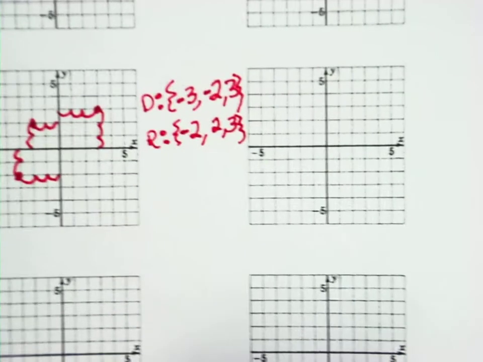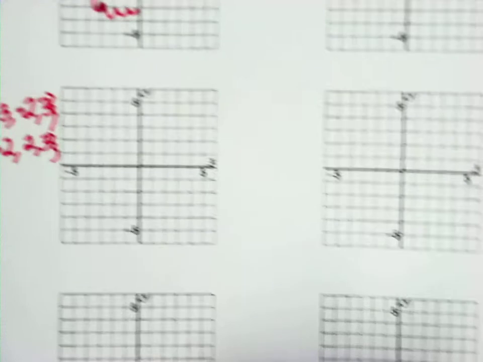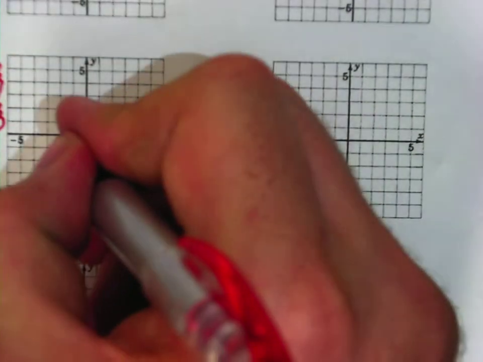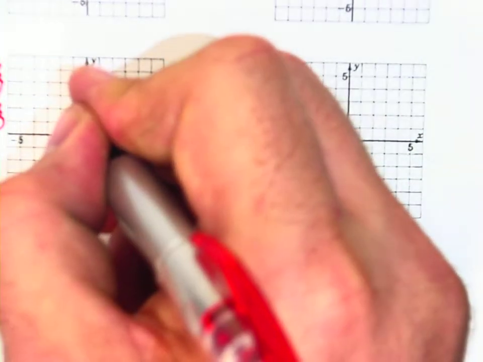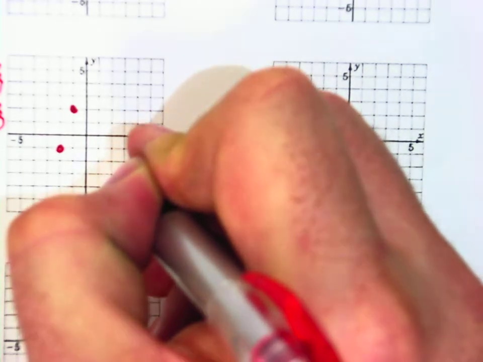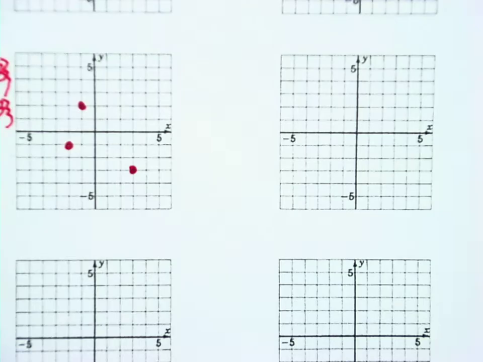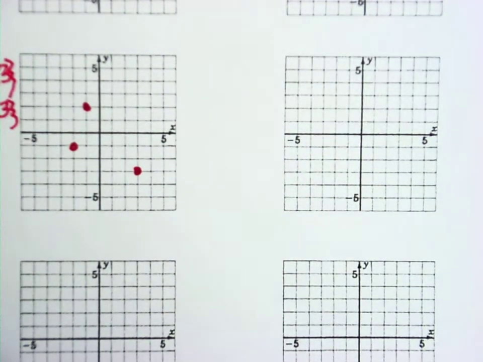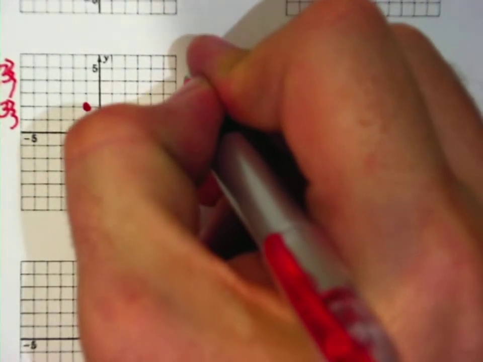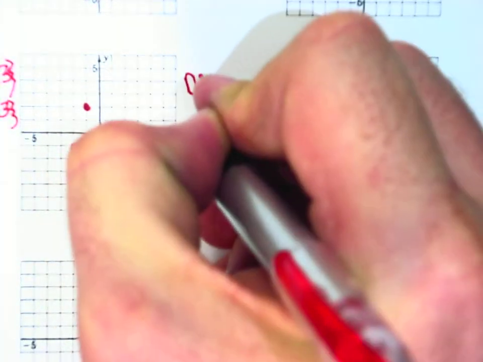So I'm going to give you a few points, and then I'm going to have you try it out on your own. All right, now do your best on your screen to count over how many of those are. Pause the video. When you're ready to check your answer, push play again.